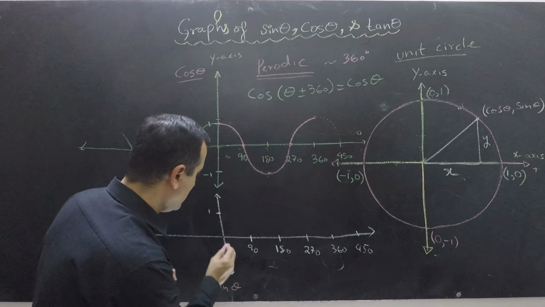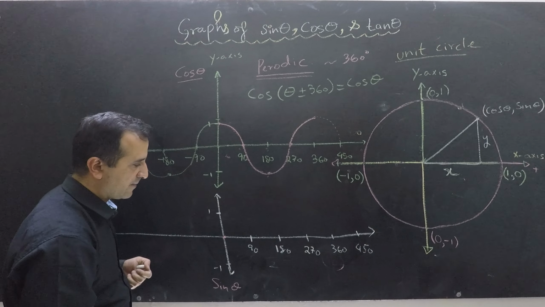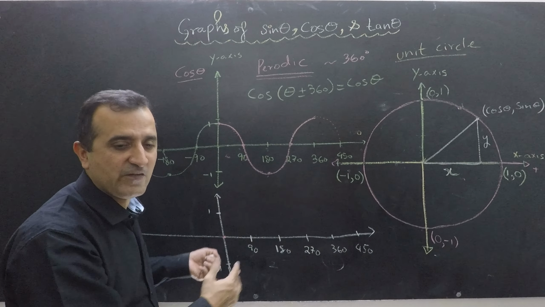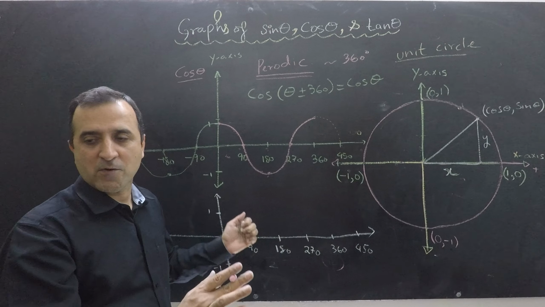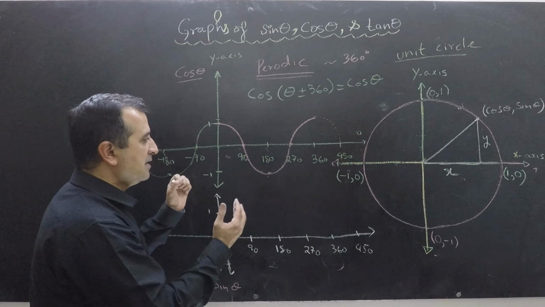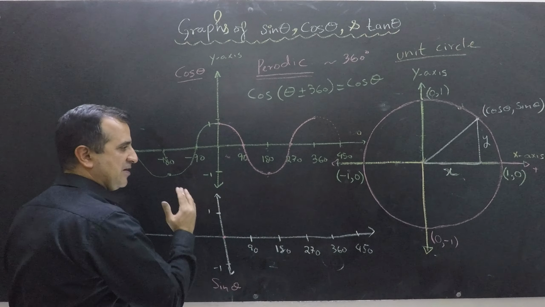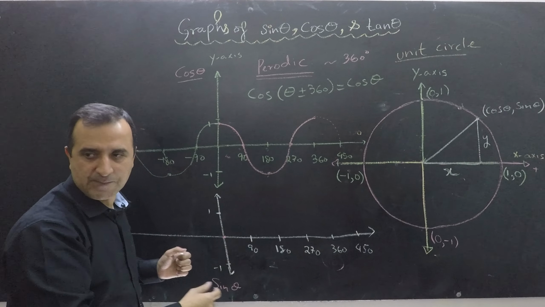So that means we start from here. This was our starting point. Otherwise, the graph looks similar, but it is just a phase shift. We don't know yet what phase shift is. We will learn about phase shift later on. But it's just like the graph has moved towards left or right. This same graph has moved, like this point has come here. Otherwise, the graph shape remains the same.